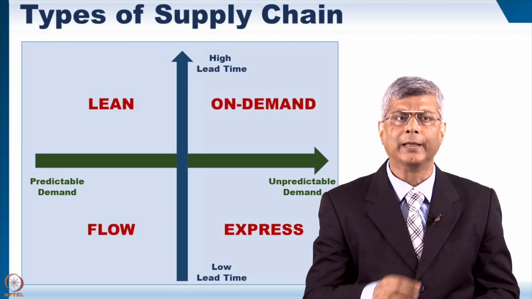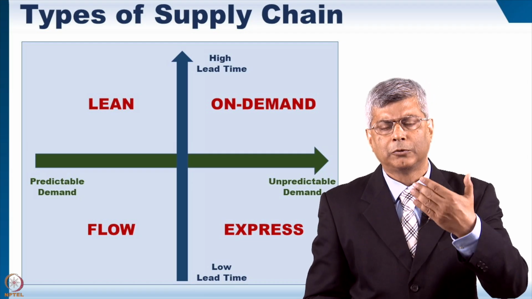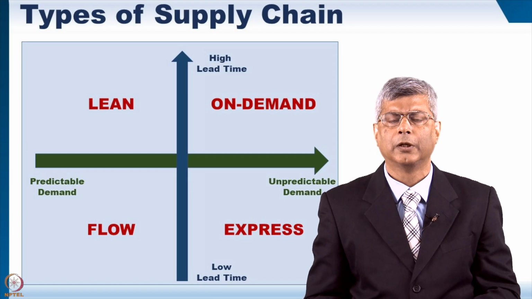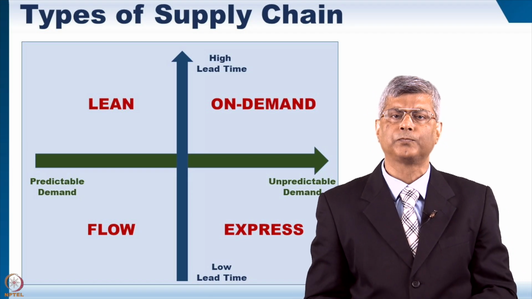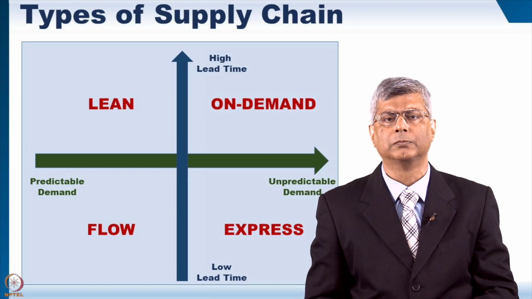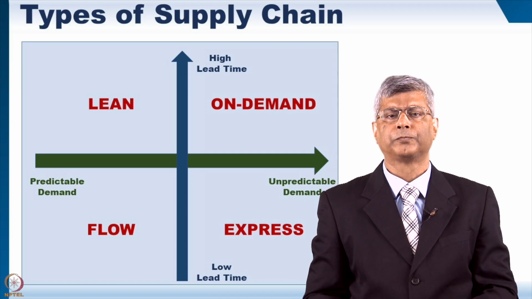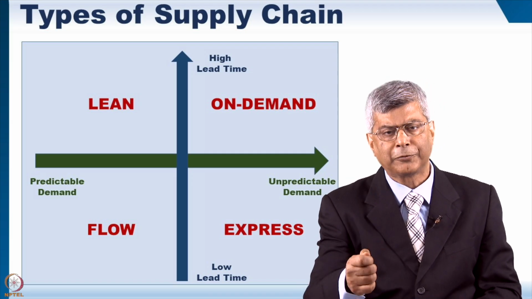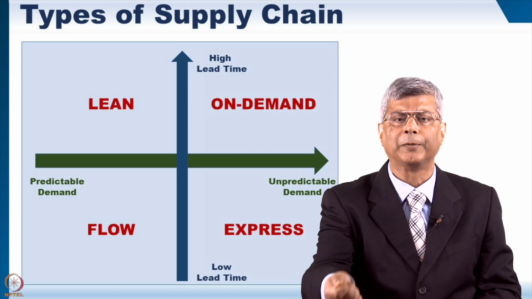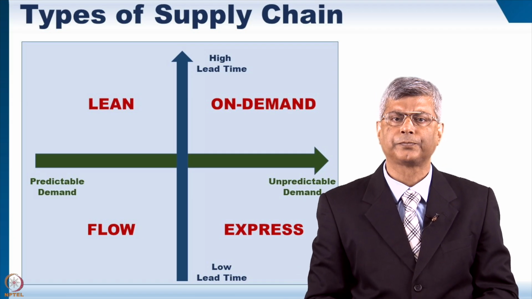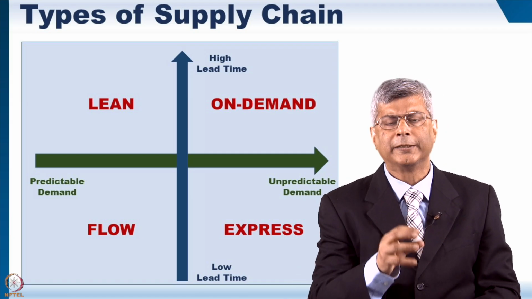This will be typically, you have to courier your biodata for a job, and it has to reach tomorrow. Then you use express, because you're not going to send your biodata every day. But when you have to send it, you have to send it for probably the next day. Or an emergency medicine.